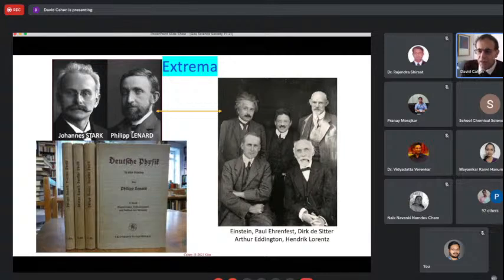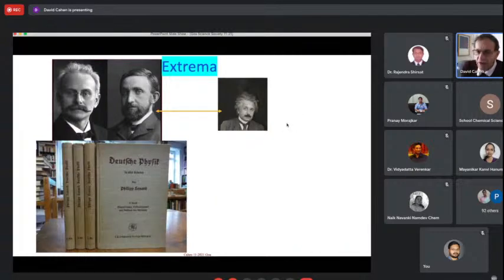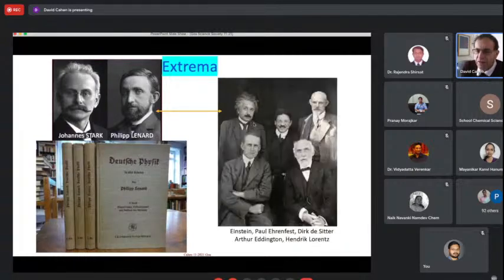Lorentz was a kind of mentor of Albert Einstein. Ehrenfest took the chair in physics in Leiden when Einstein said thank you, and was a famous physicist by himself, but also a very tragic person. He committed suicide in the end.